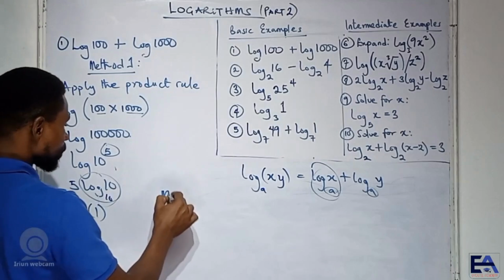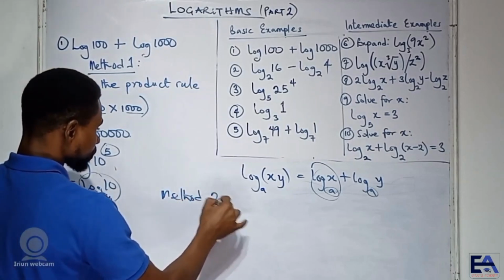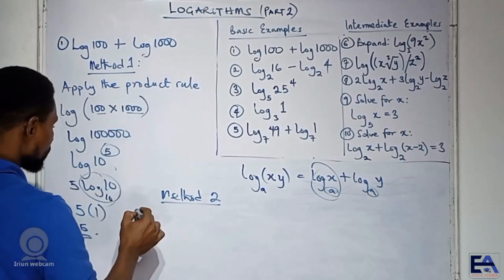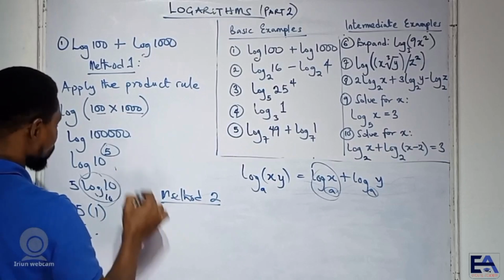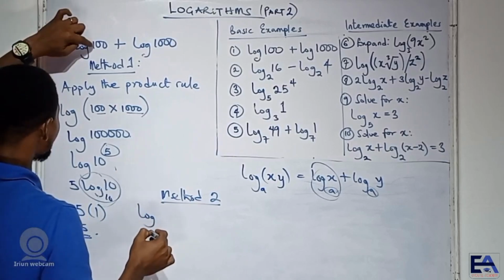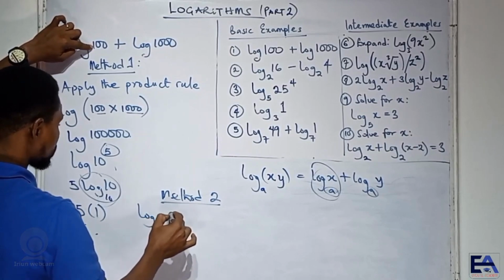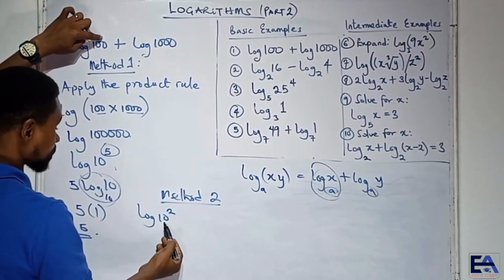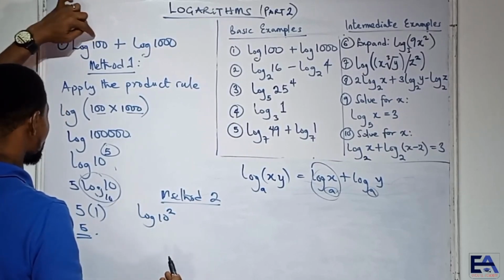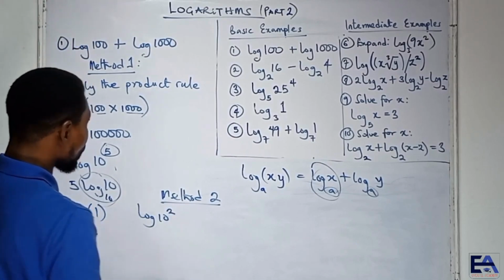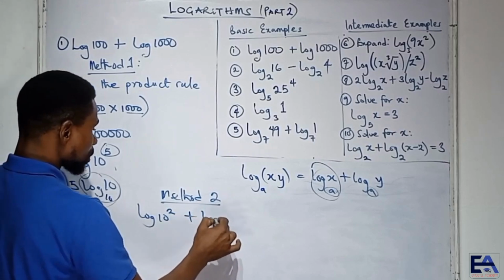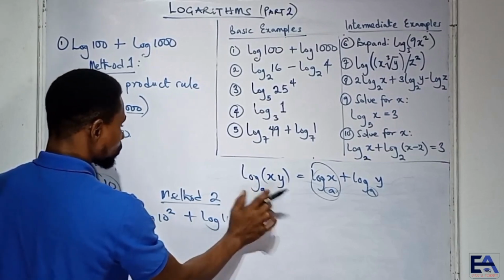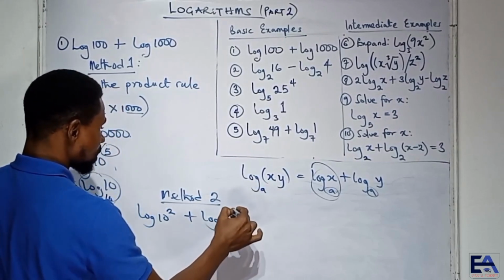If you want to use method 2, method 2 to solve this problem is to split it. So we say log 10 raised to power 2, that is 100 is the same thing as 10 raised to power 2. Or simply count the number of zeros, and that is the power. Then plus log 1000. 1000 will give us 10 raised to power 3.